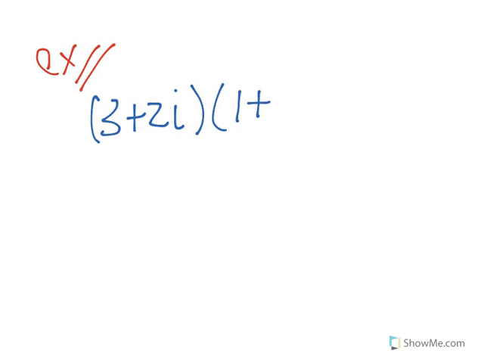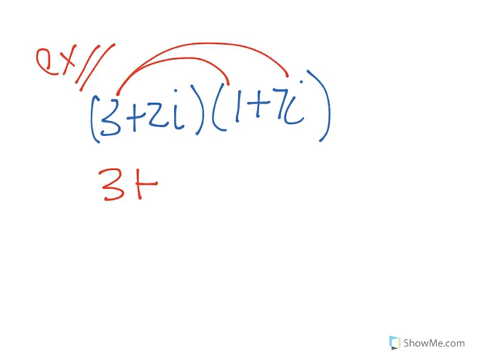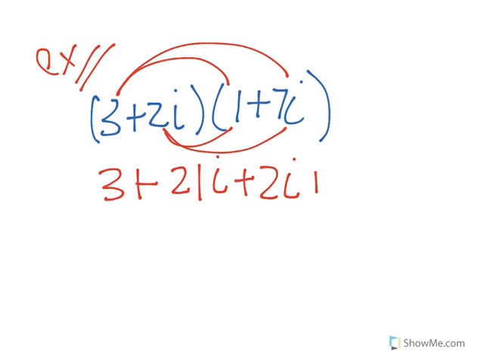Alright, let's try an example with some real numbers. As you can see, the numbers multiply together just as any numbers and variables do, even though in this case i is not a variable, but we can treat it the same way.